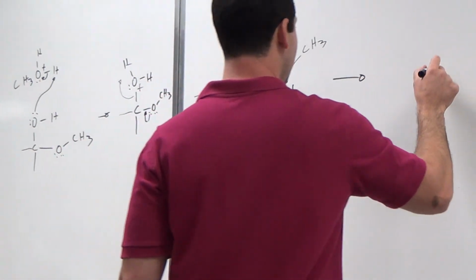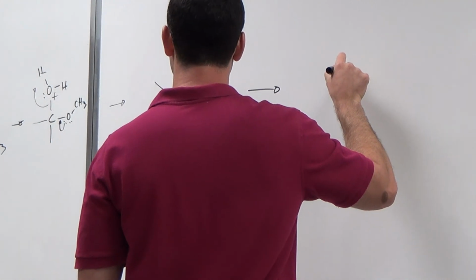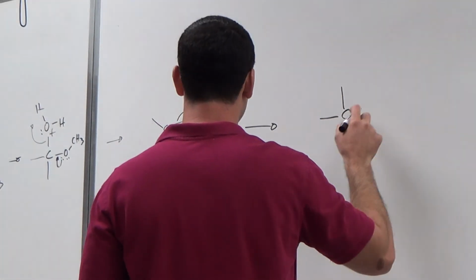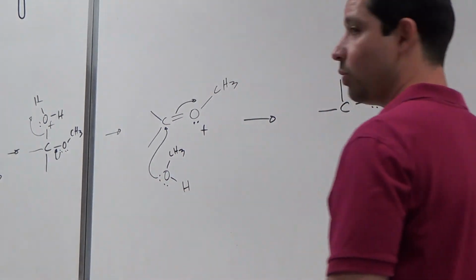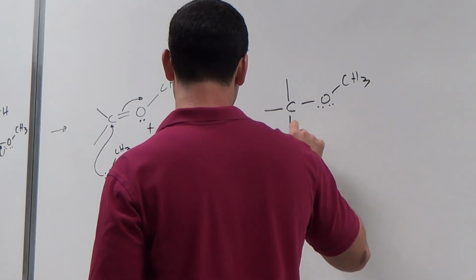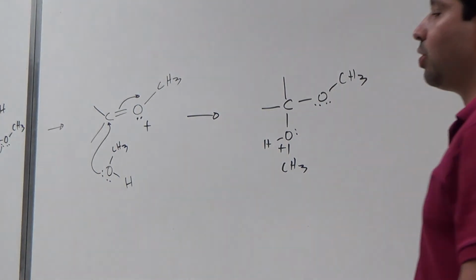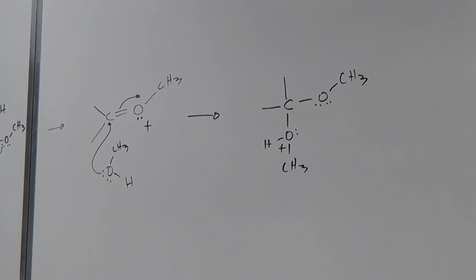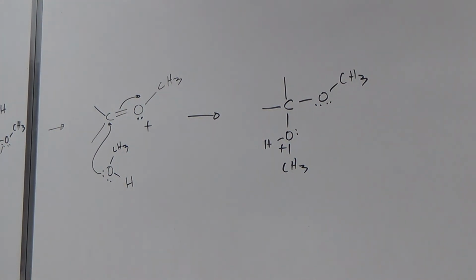And what you are going to get is this: an O with a hydrogen, a lone pair, and CH3, positively charged. Yes or no? It could have gone on the top too, right? Yes, it could have.